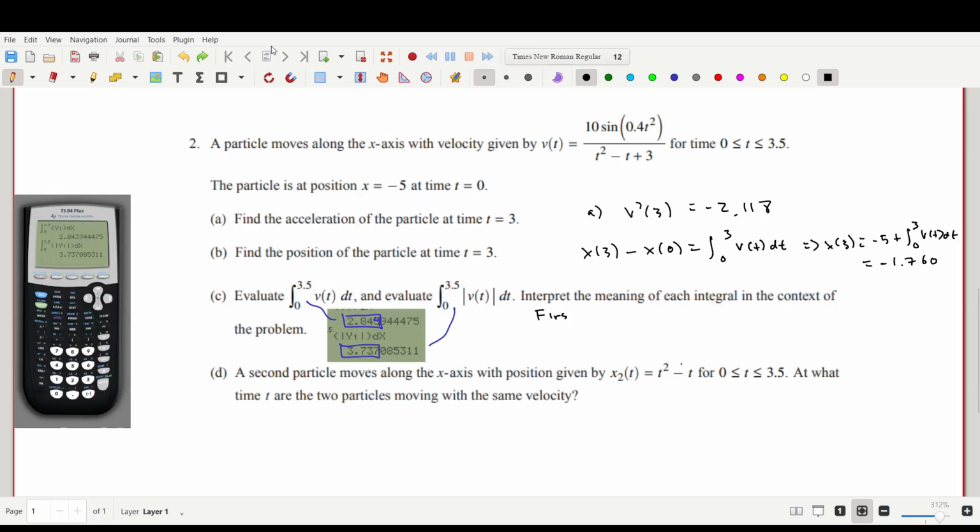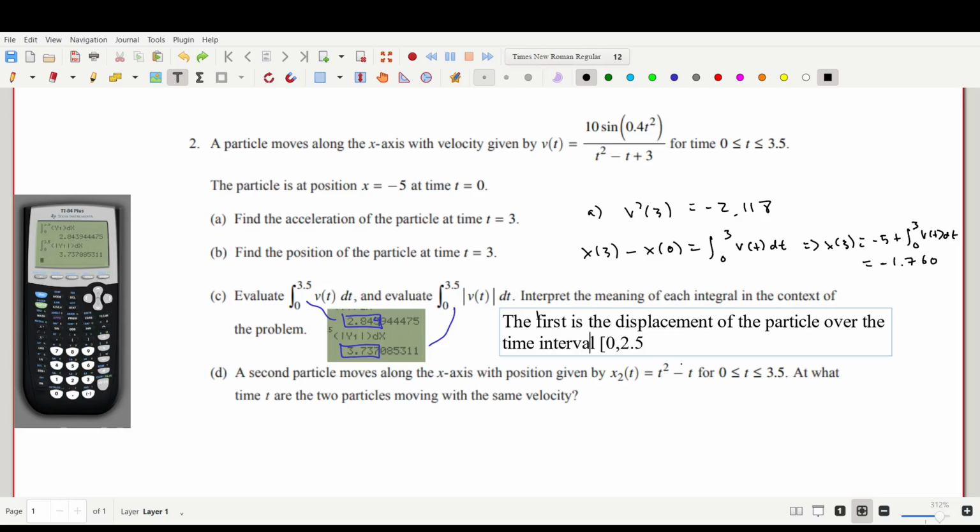Oh, I'll type it out. First one's a displacement.